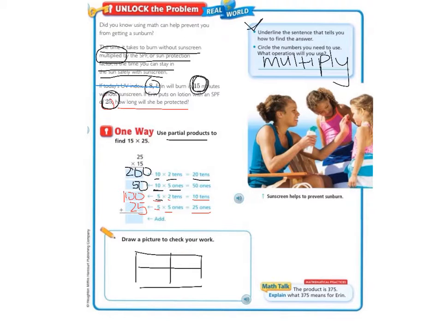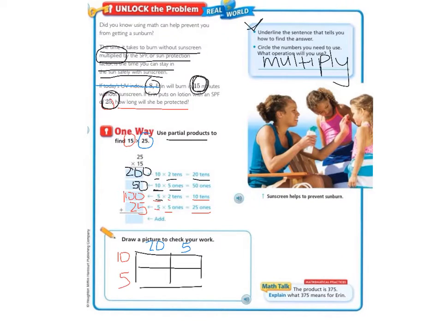And then we're going to break our numbers down into each part. So our first number is 15, and 15 is made up of 10 and 5. And then our next number is 25, and that's made up of 20 and 5.